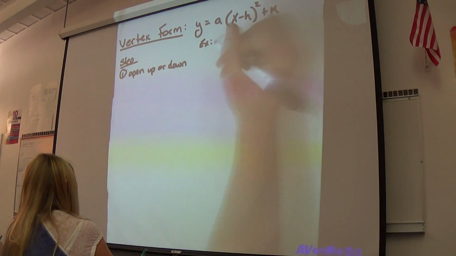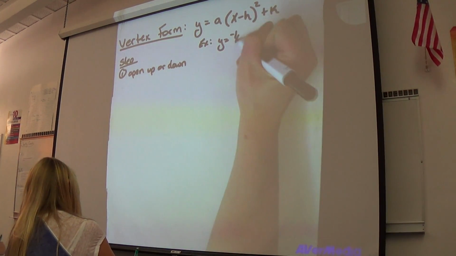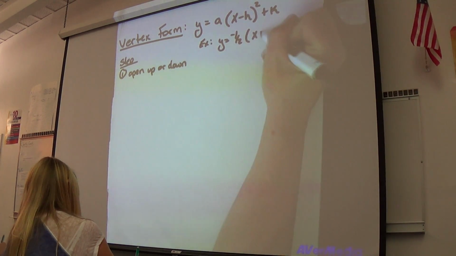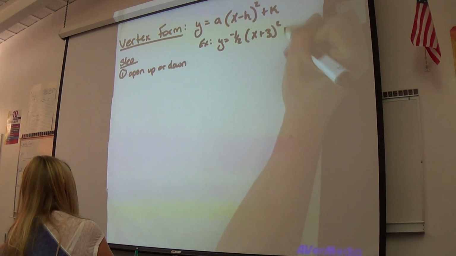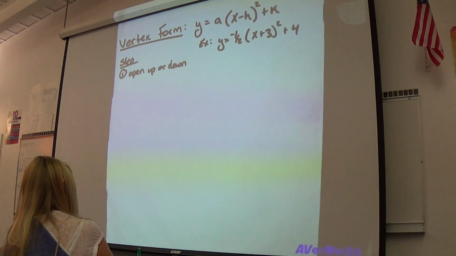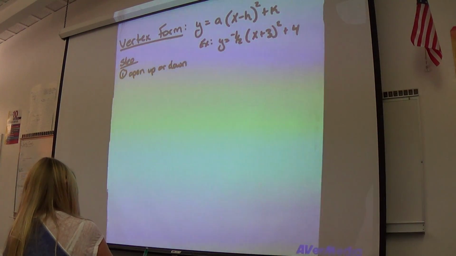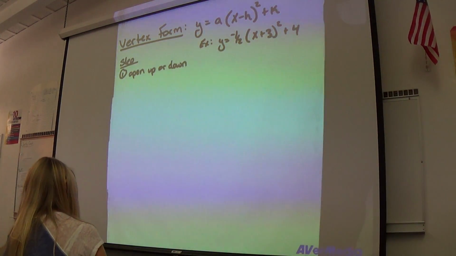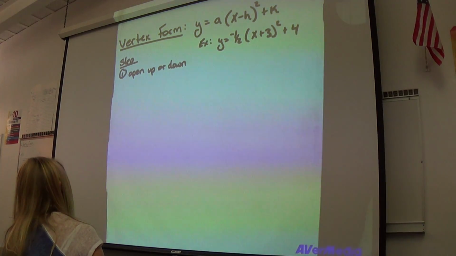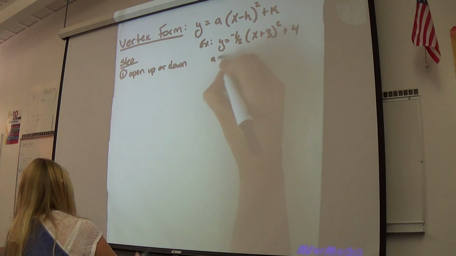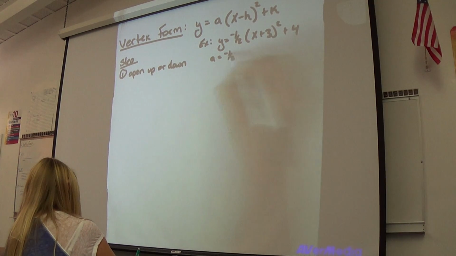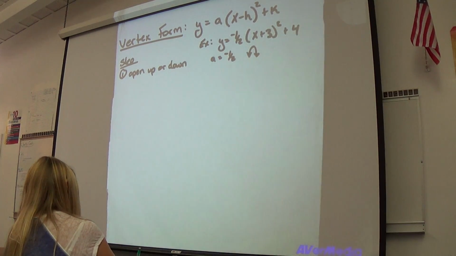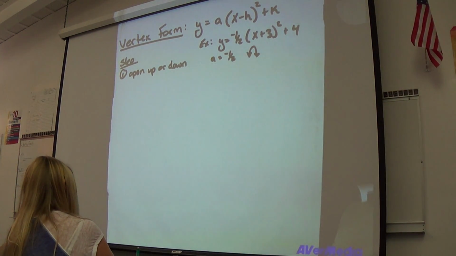So my example is going to be y equals -1/2 times (x plus 3) squared plus 4. Would that be going down? Yeah, what's my a value? Negative 1/2. Because it's a negative, yes, we are opening down, frowning face.